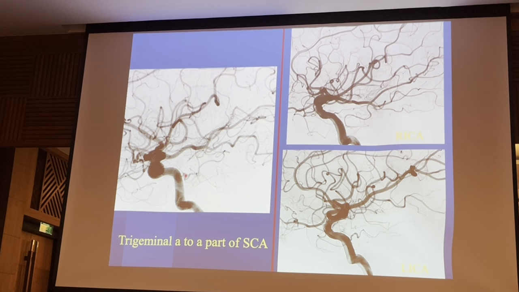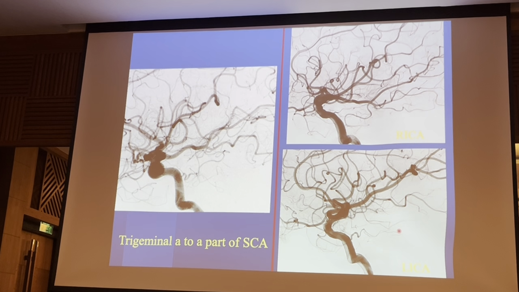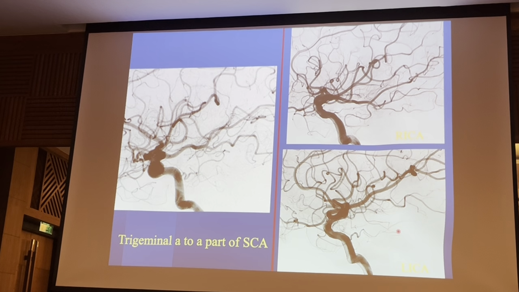You can see a small portion, not the complete territory, of the superior cerebellar. This is a different case, with bilateral trigeminal arteries supplying the superior cerebellar artery territories. It can supply the central nervous system this way.